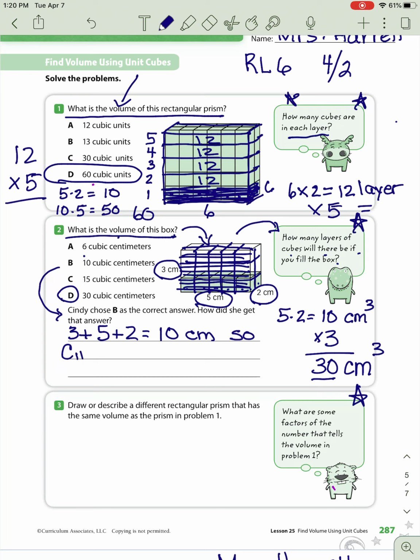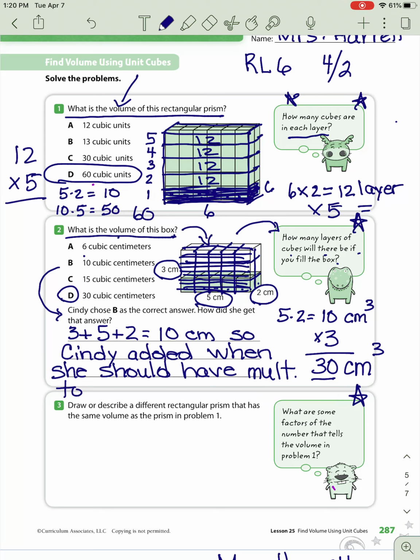So Cindy added when she should have multiplied to find volume. Okay, and my example is right there too.